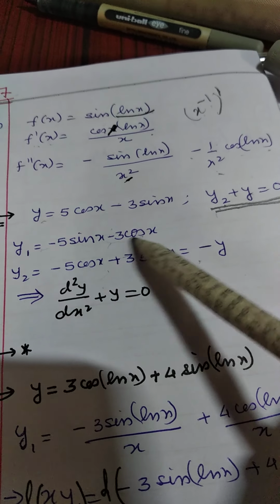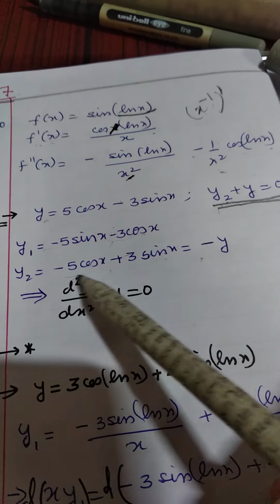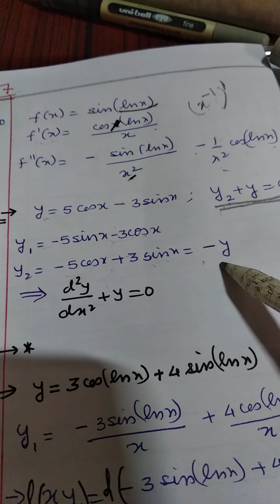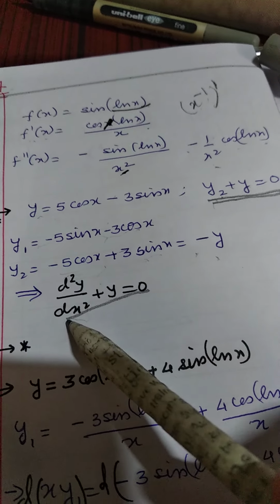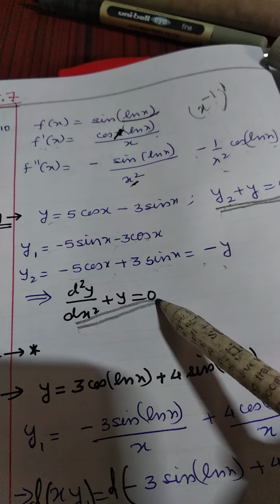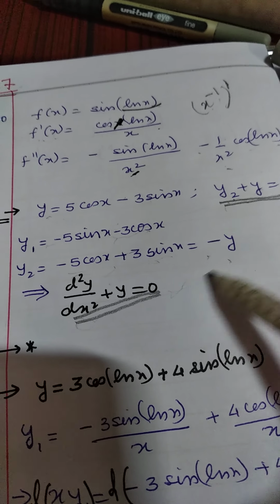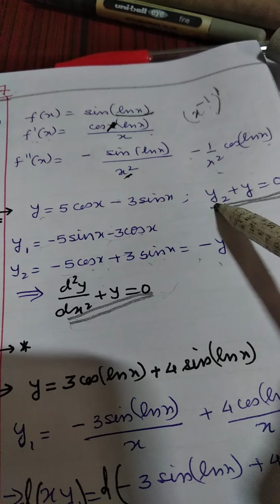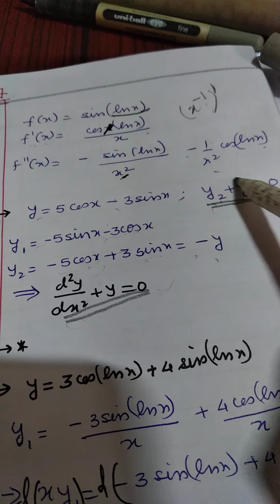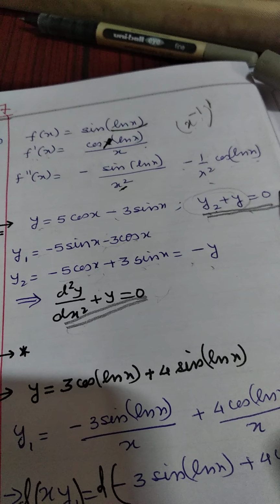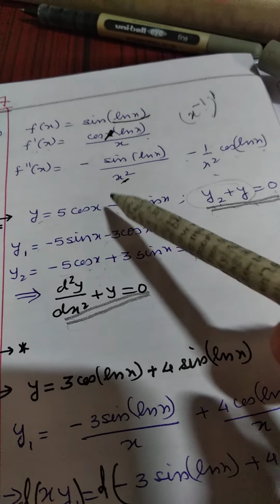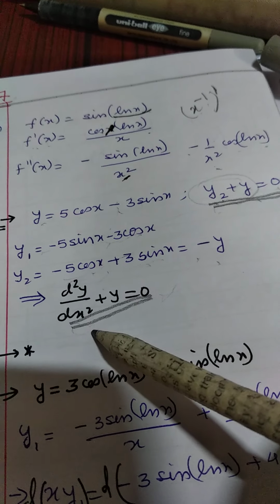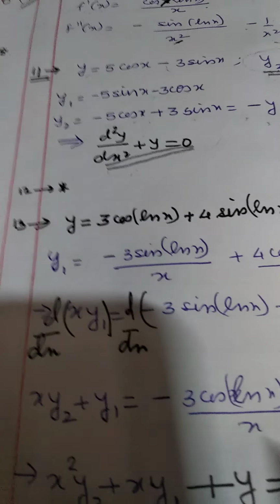Because first derivative is this, second derivative happens to be this, same as that of y with the negative sign. So when you rewrite it, you are automatically forming the differential equation. Or the alternate way is to substitute the value of y2 from here in it, y from here, and then see whether the sum comes out to be 0. That's another way of doing. Here I got it while taking up the second derivative.